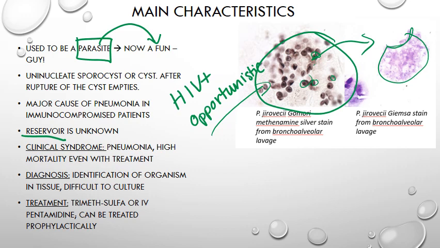The clinical syndrome is very simple. It's pneumonia. Like I said, it's a significant concern for anyone with an impaired T cell function, and it's the most common opportunistic pathogen in the HIV community, but it can also be a significant concern for other immunocompromised individuals as well.